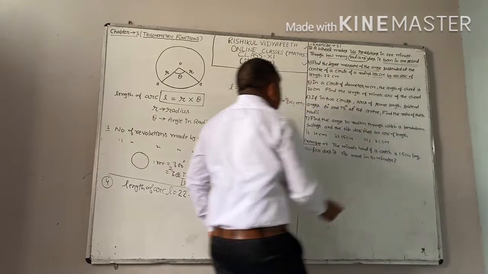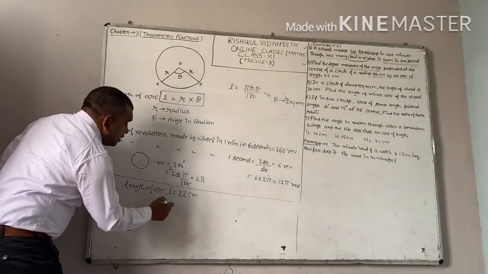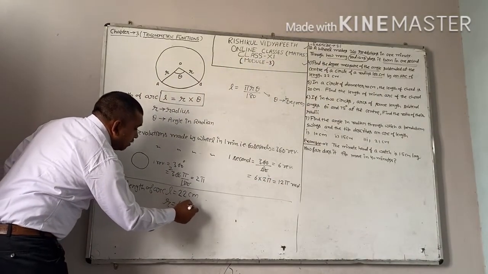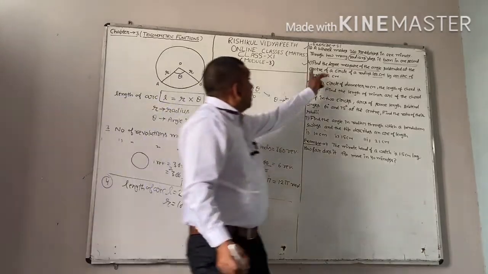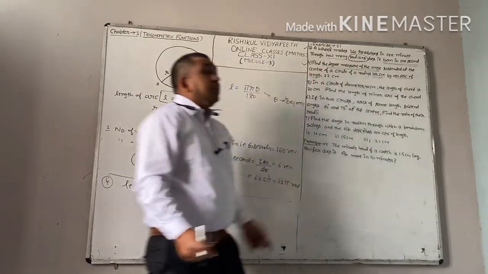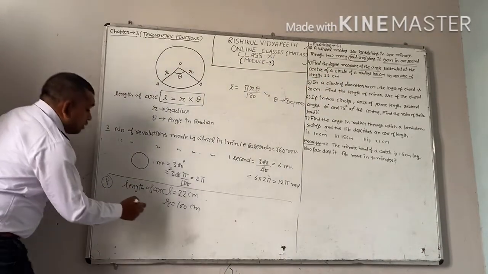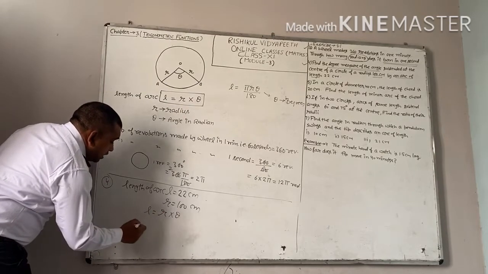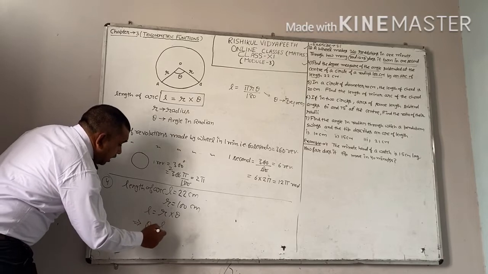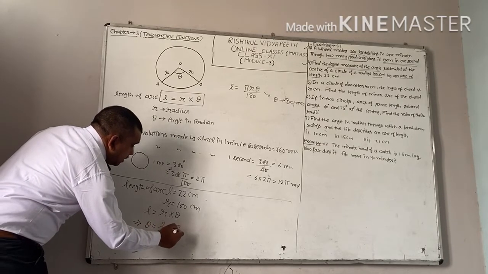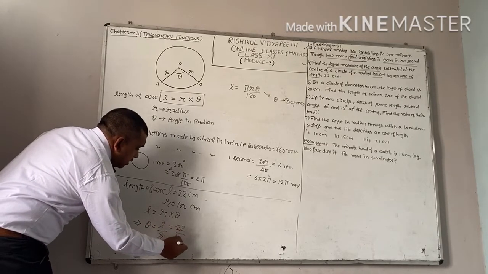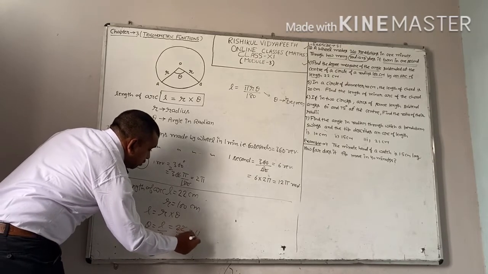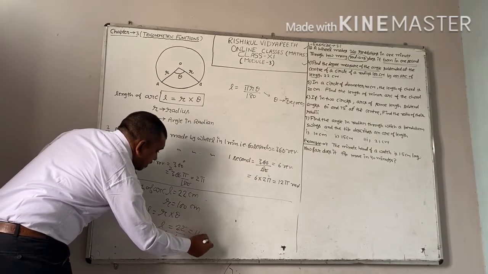Radius is your 100 centimeter. What you have to find out? Angle, but in degrees. And we know the formula L equals R into theta. This implies theta equals L upon R. Put the values. L is 22, R is 100. This is your 11 by 50 radian.